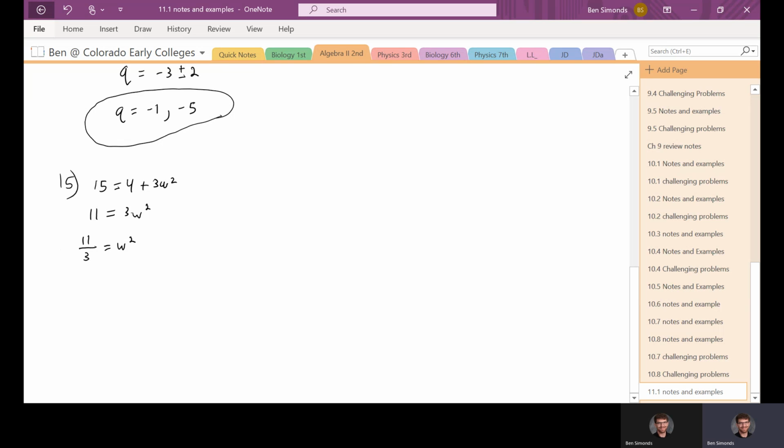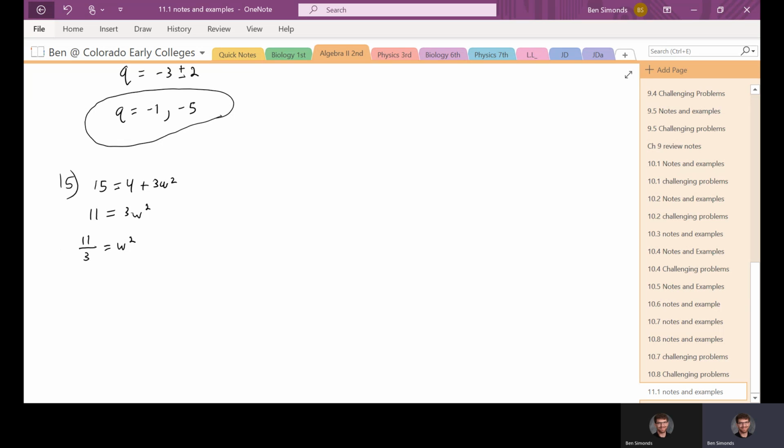And w squared over here on the right. Now that we have both of those things, we can take the square root. Now that our square is on one side all by itself, right? W squared is all by itself.